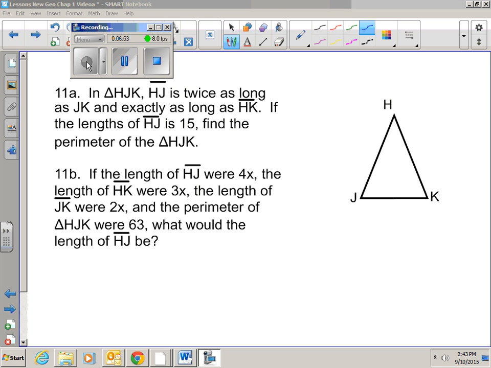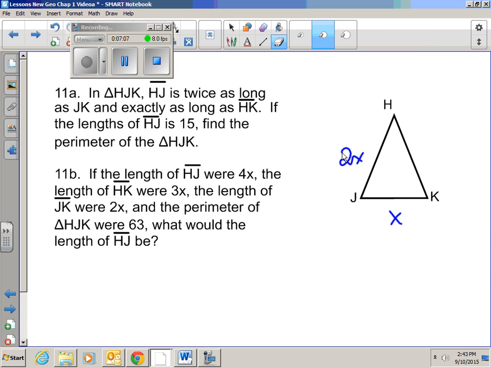Okay, let's try this one. In triangle HJK, HJ is twice as long as JK, so I'm going to let JK be x and HJ be 2x. And again, notice that I have drawn a picture.